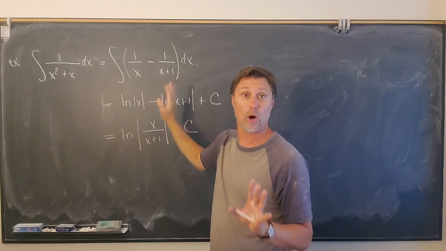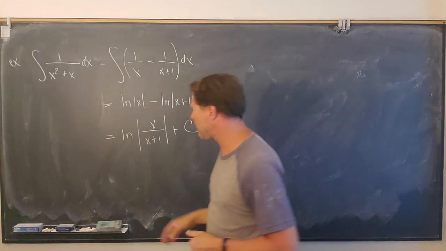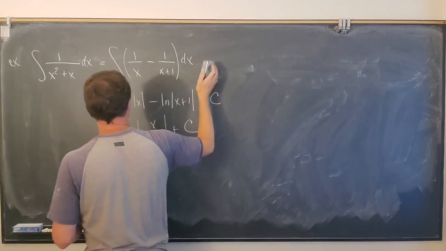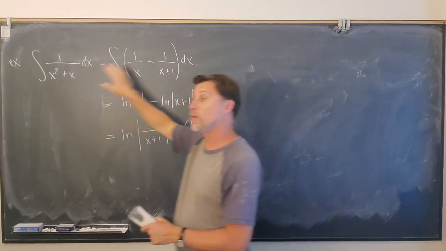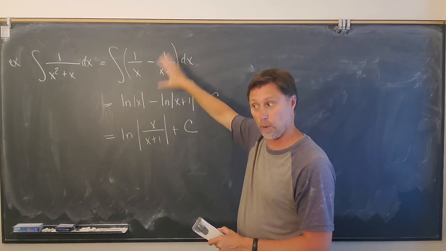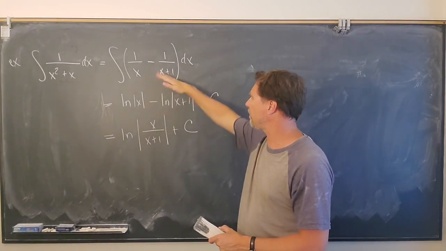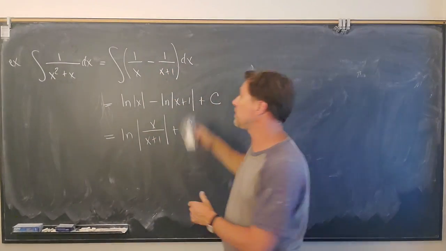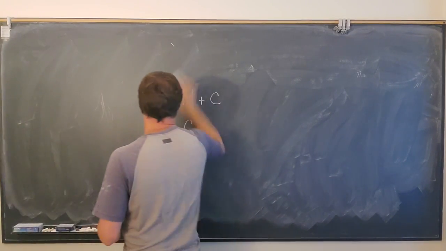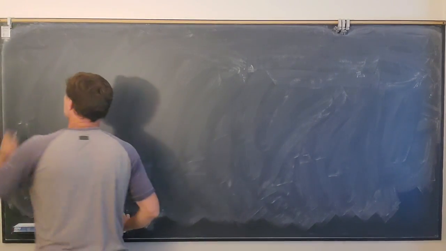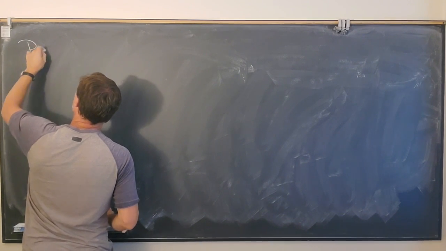These simpler pieces are called partial fractions, and this method of integration is called partial fractions. Once you have it in simpler form, the integral actually becomes easy. So there's the topic for today, partial fractions.